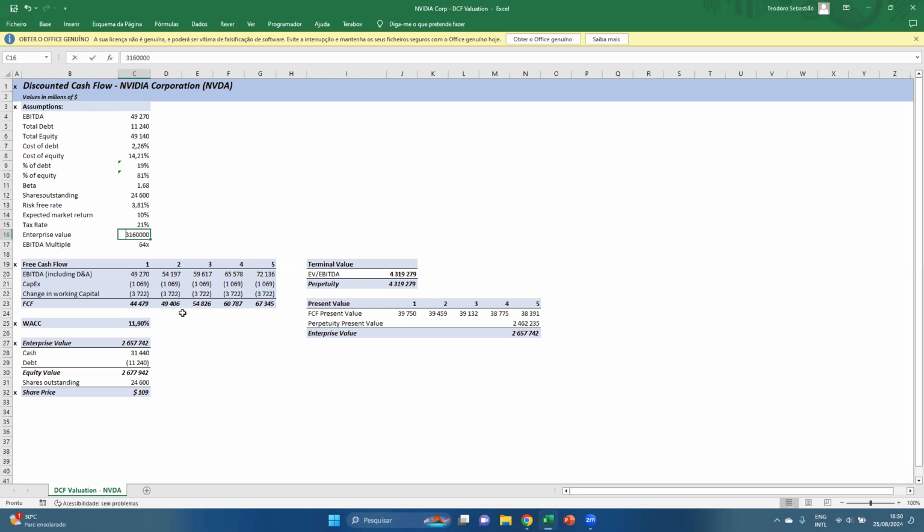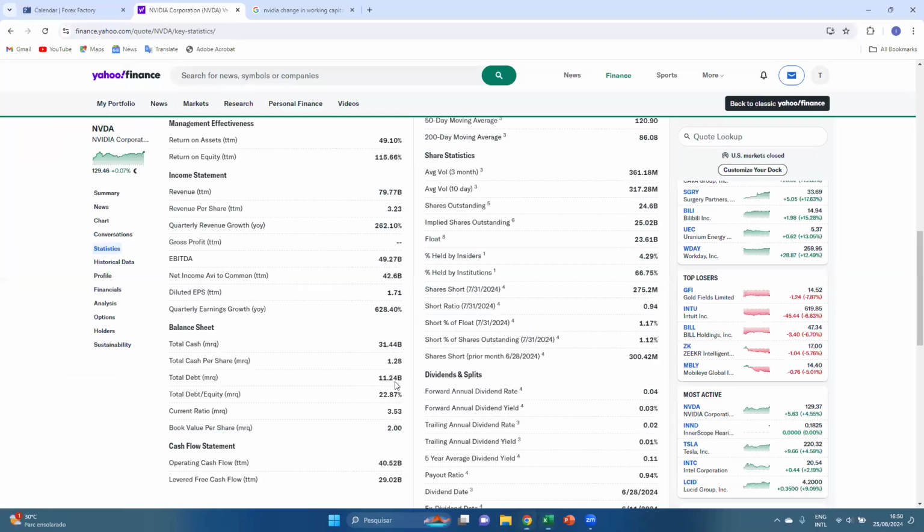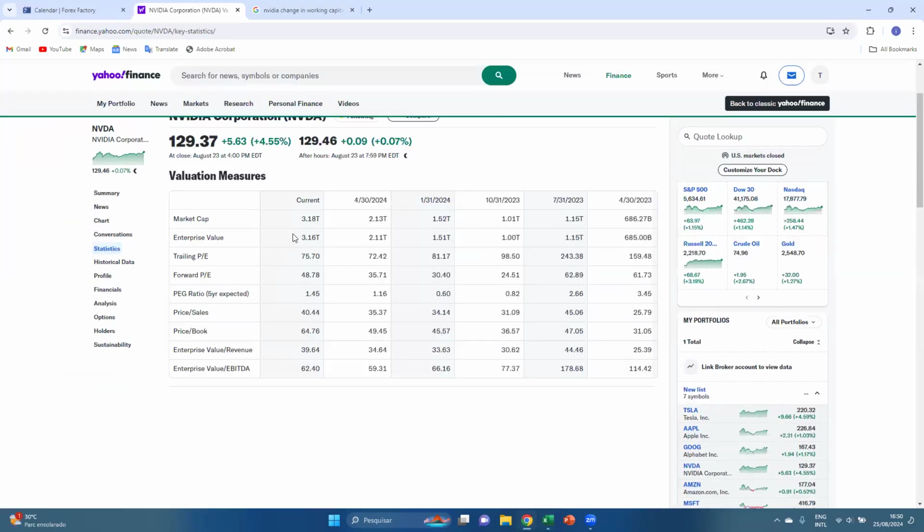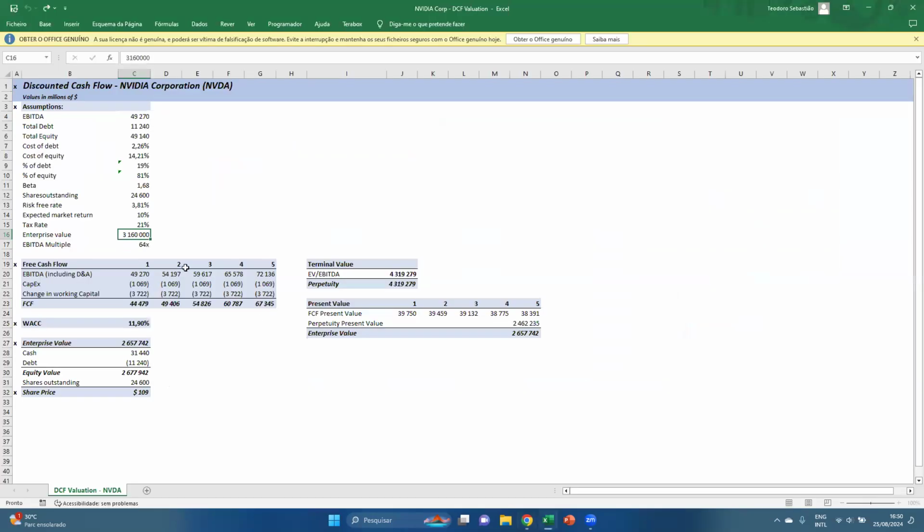The enterprise value that we had also here is 3.16 trillion, and the EBITDA multiple, which is not an assumption, is the enterprise value divided by the EBITDA.